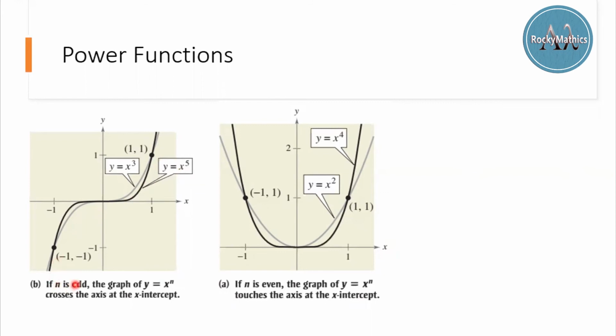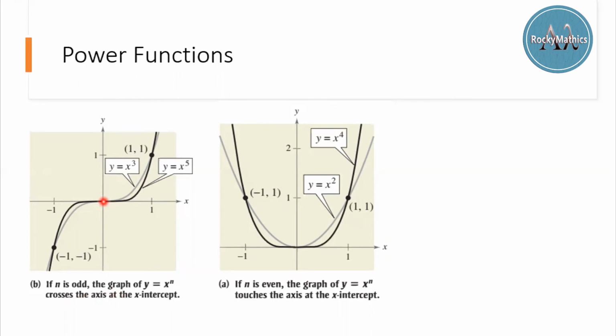If n is odd, the degree is odd, the graph of the power function y equals x raised to n crosses the axis at the x-intercept. Okay, it crosses the axis at the x-intercept. In this case, it crosses the what? It crosses at x equals 0.